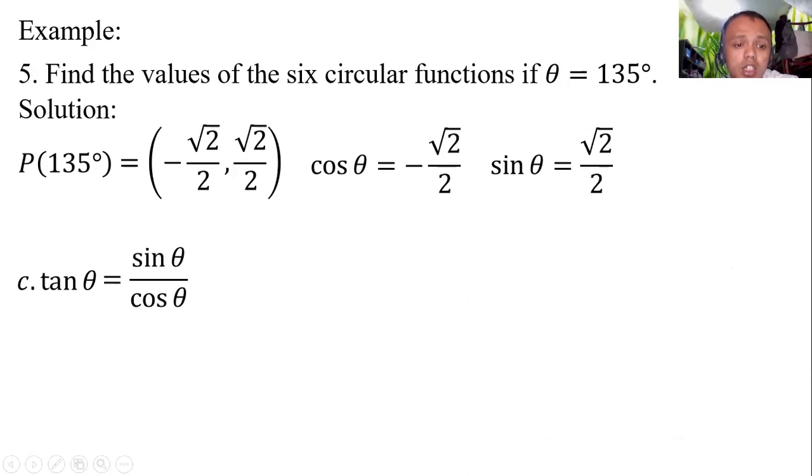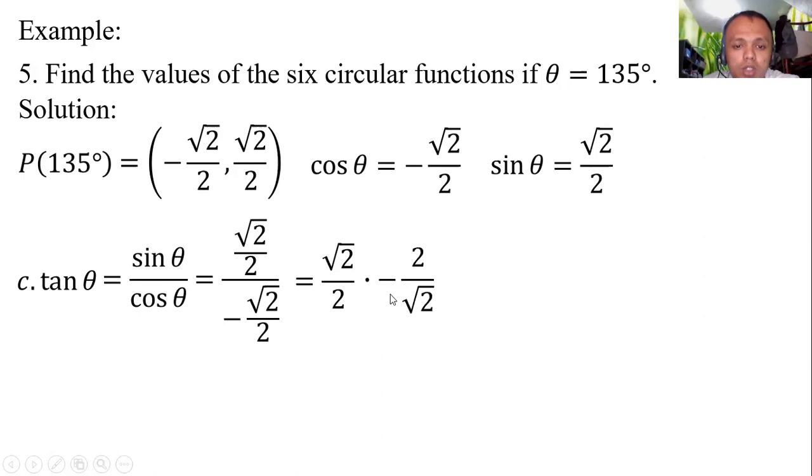Tangent theta is equal to sin theta over cosine theta. Substitute your sin theta to square root of 2 over 2 and your cosine theta to negative square root of 2 over 2. Then get the reciprocal of this one. Square root of 2 over 2 times negative 2 over square root of 2 is equal to, okay, cancel this out, is equal to negative 1.